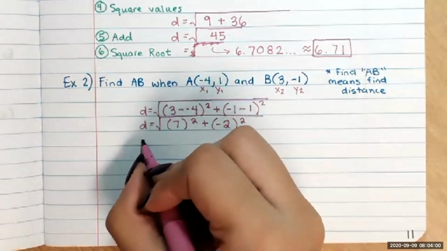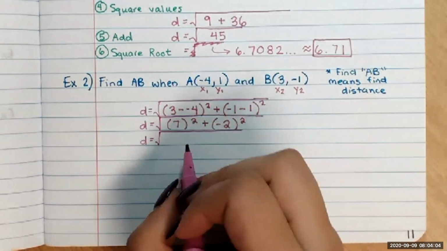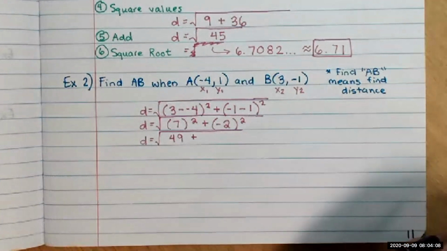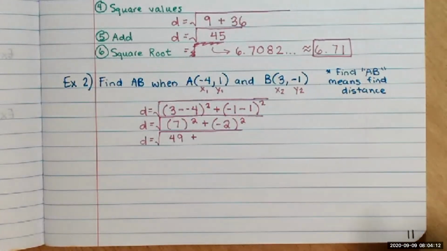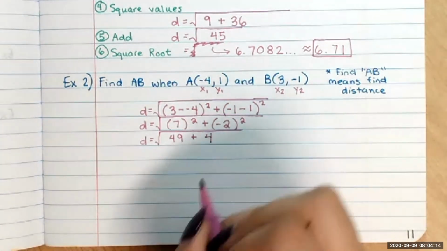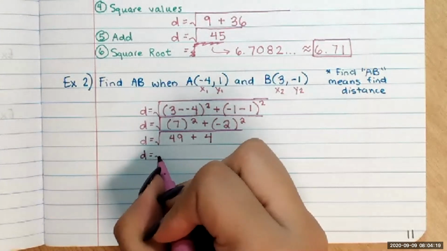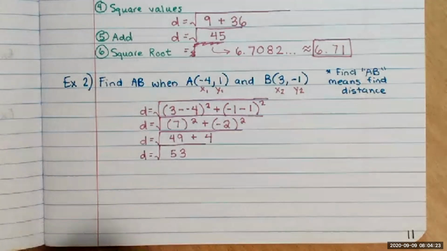Then I square it. 7 times 7 is 49. And -2 times -2 is +4. Now I add those two numbers together, and I get 53.